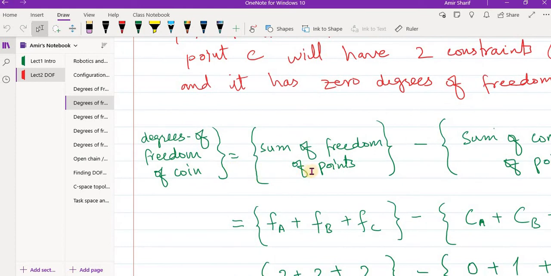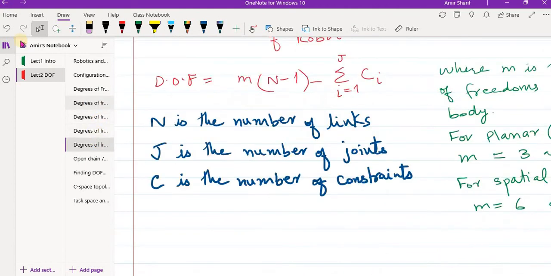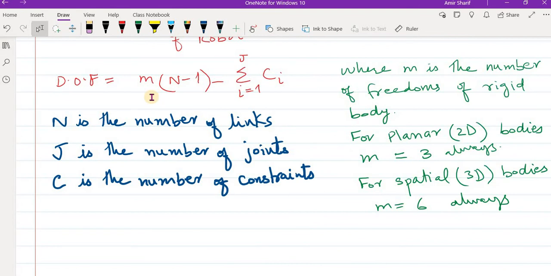Degrees of freedom of a coin: sum of freedom of points minus sum of constraints. So we have a similar thing here.